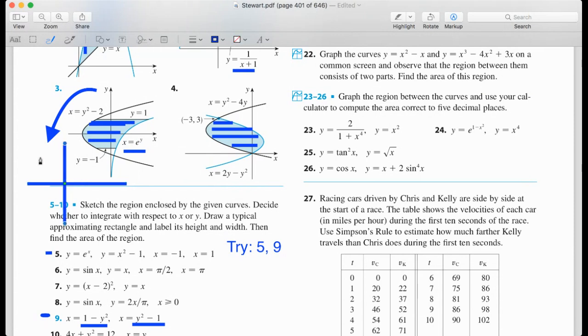This parabola becomes like this. And now we have this part, and this part becomes something like this. Right? This does not go that low. Does this make sense?